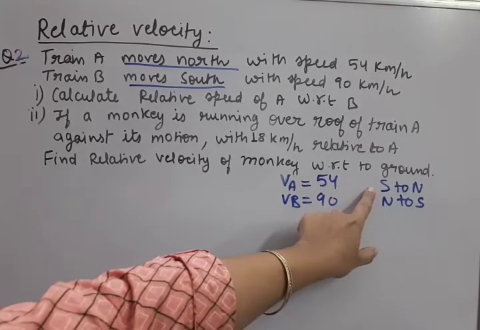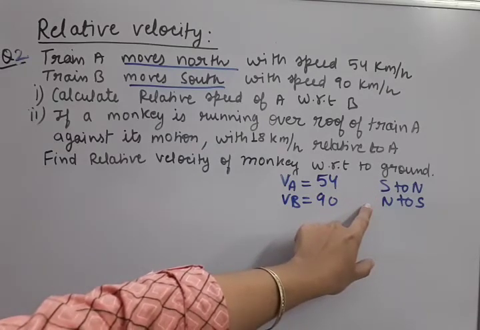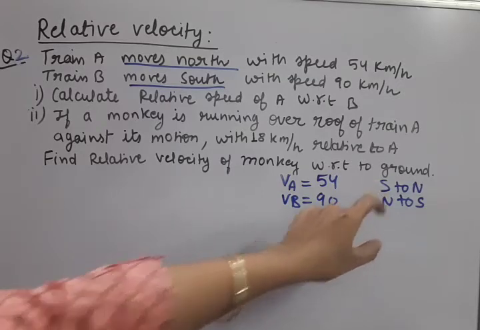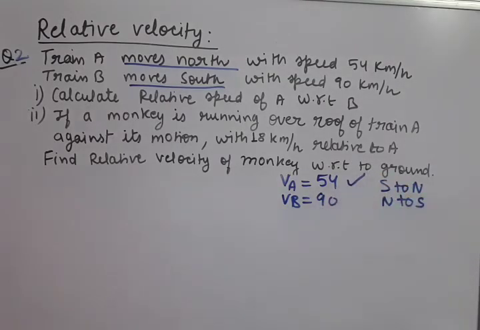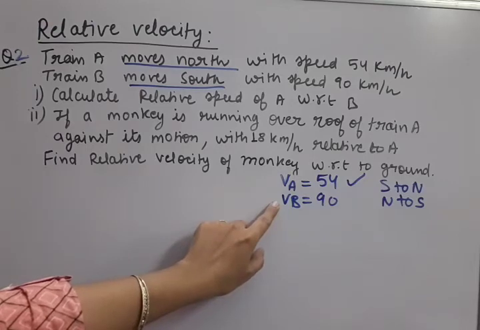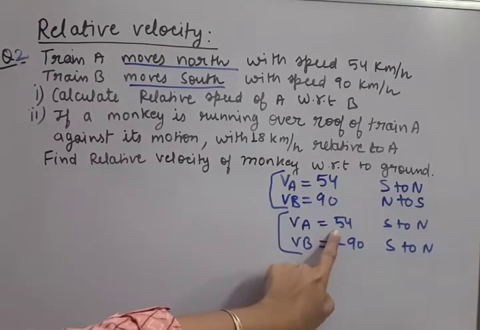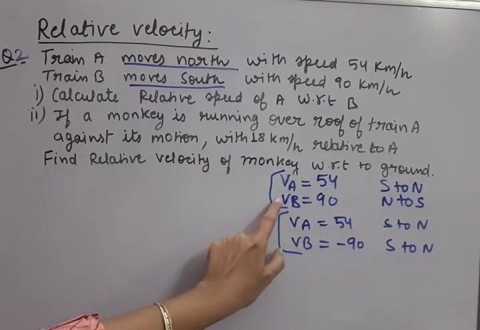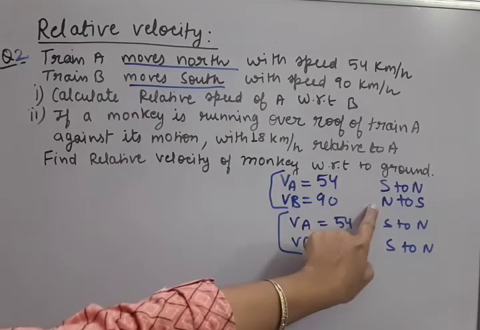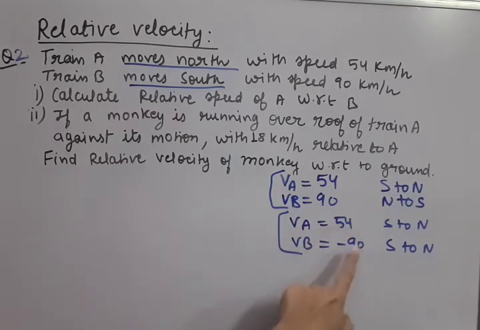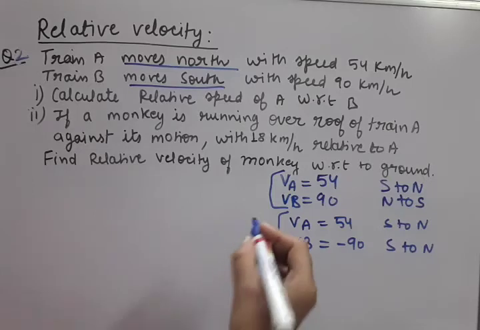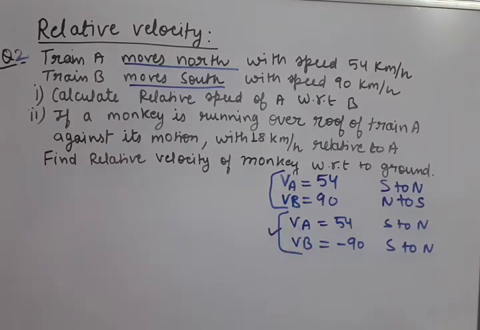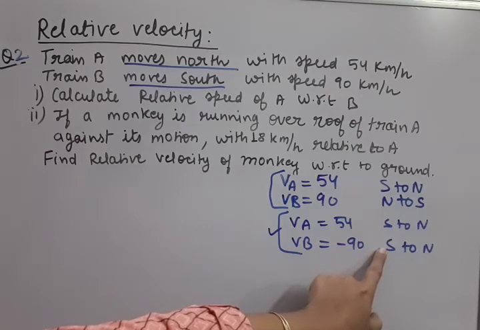Either in south to north will solve the question, or in the north to south will solve the question. So let us select south to north only. So our first data is okay. VA 54 we will use as it is in south to north, and VB we will make south to north. So VA 54 will remain, it is already south to north in the question. VB is 90 in north to south, so how much in south to north? -90. So we will be using these datas, okay, which we have prepared for south to north direction.